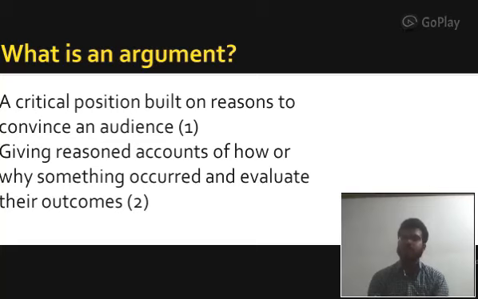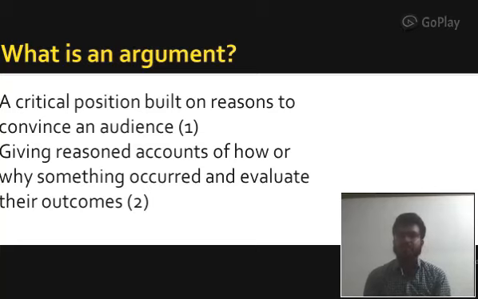So when it comes to writing down an article, a term paper, or even starting with your research thesis, your supervisor will be asking you to come up with an argument. Now, what he actually means is you need to bring one genuine, critical, analytical idea that is grounded in evidence, data that supports your idea.